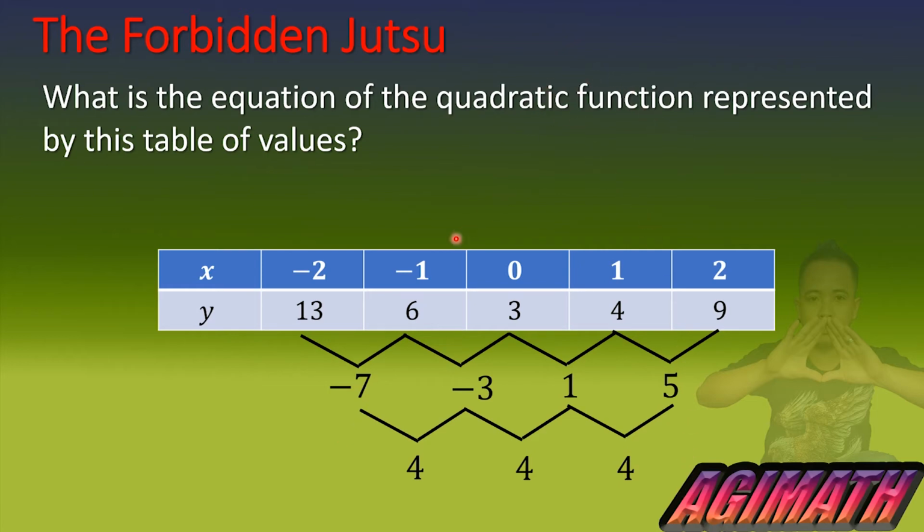Sometimes, and it's happening in your modules, the given table of values is actually not representing a quadratic function, because some entries may be products of typographical errors.